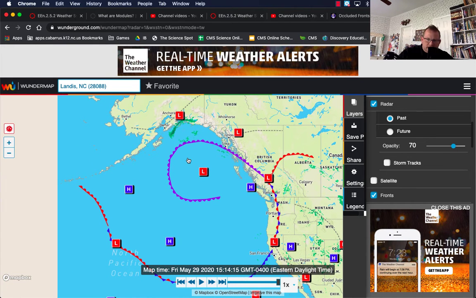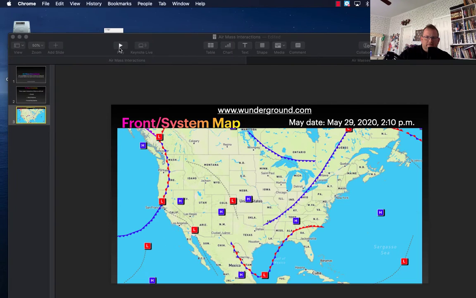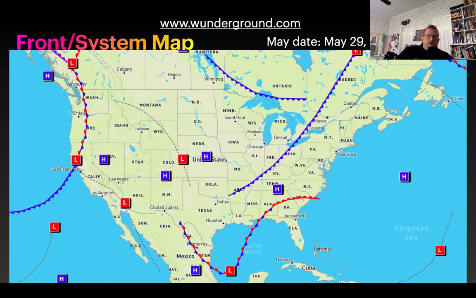So you've got this front here that's kind of a purplish pink, and the triangles and the half circles are on the same side, where here they're on opposite sides, and they're all the same color. So you've got these 4 different fronts. I'm going to back out here for a second. Okay, so you've got these 4 different fronts.